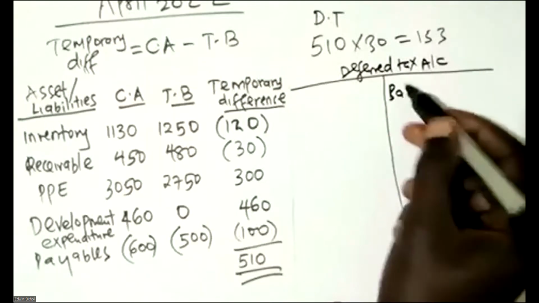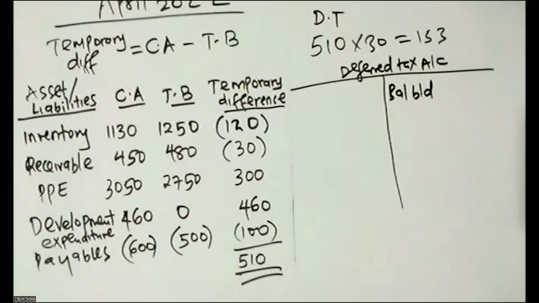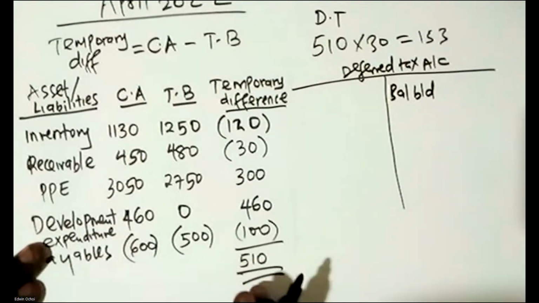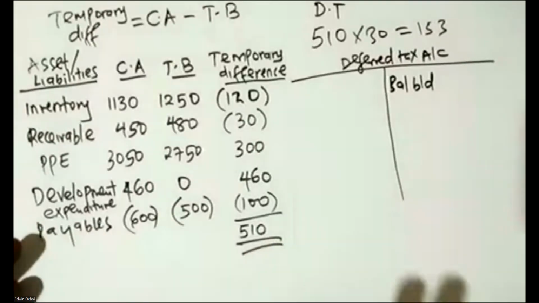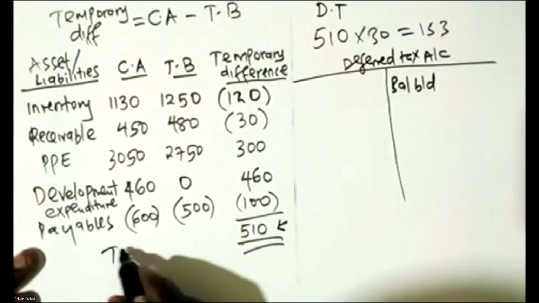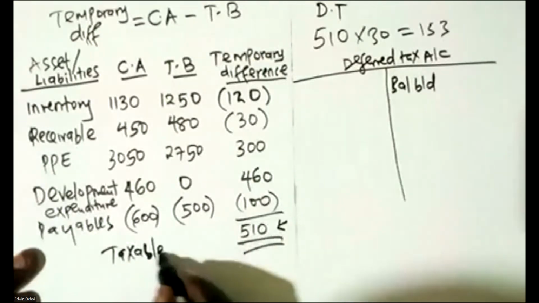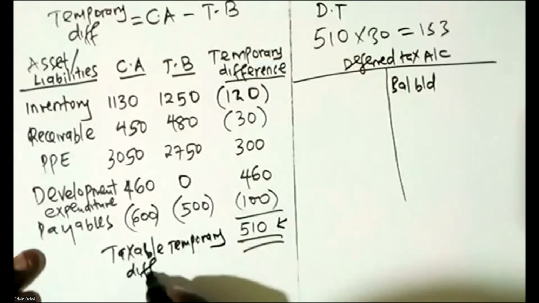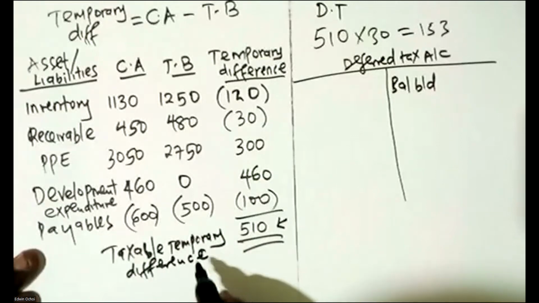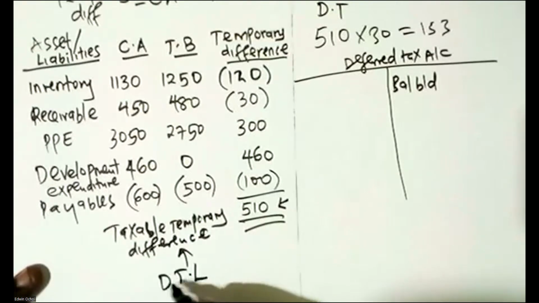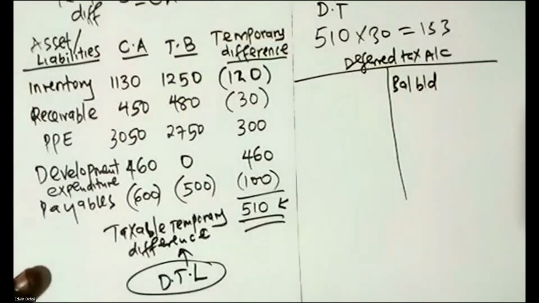The balance brought down was? Remember, this is which type of first? For you to know which side to put your balance brought down and carry down. Remember, this 510 is positive, meaning that is a taxable temporal difference, which leads to a deferred tax liability.